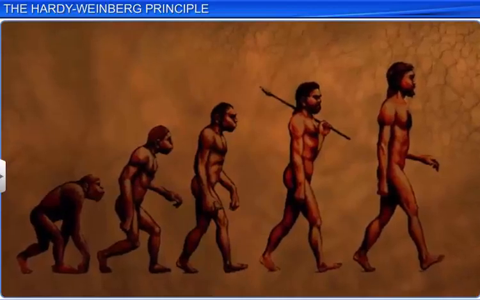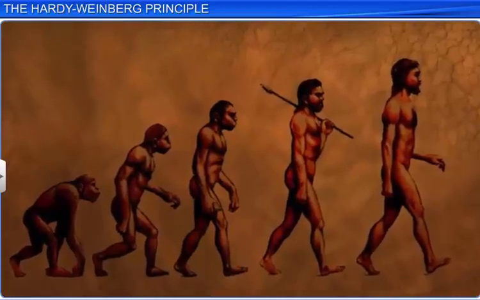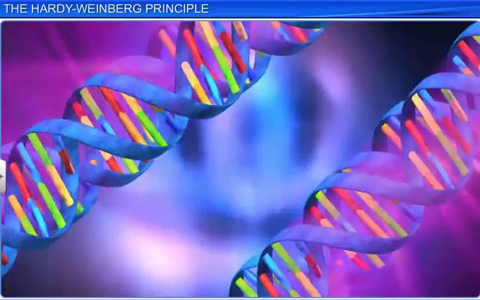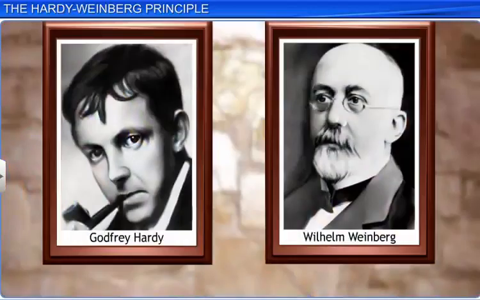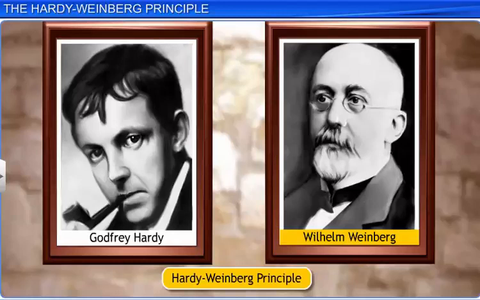The concept of evolution was researched and understood better with the advent of genetics. In the 20th century, an English mathematician, Godfrey Hardy, and a German physician, Wilhelm Weinberg, founded the Hardy-Weinberg principle, also known as Hardy-Weinberg equilibrium.